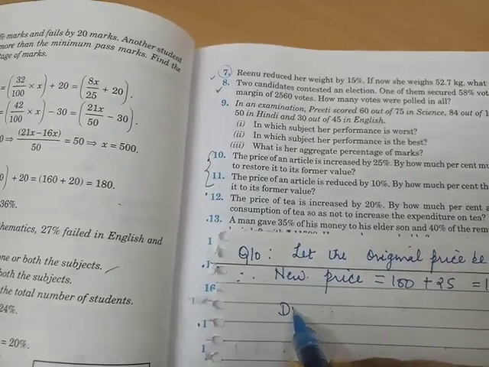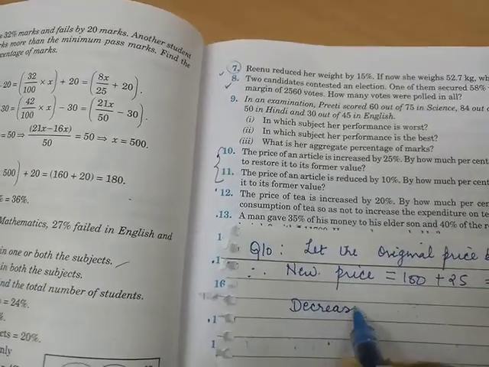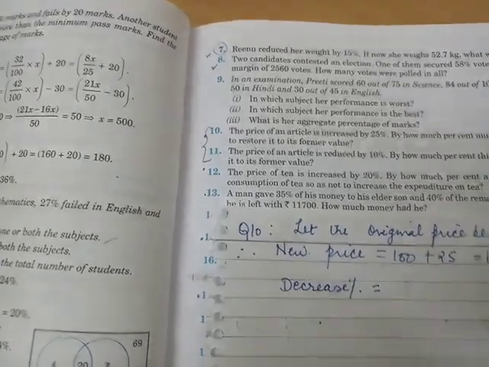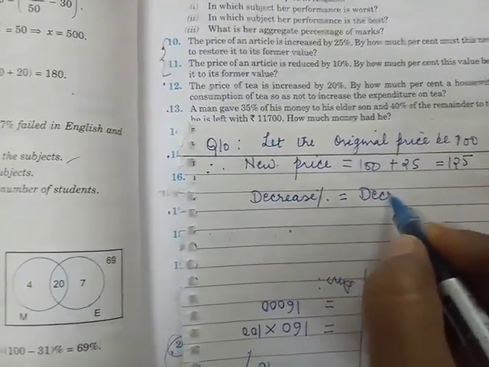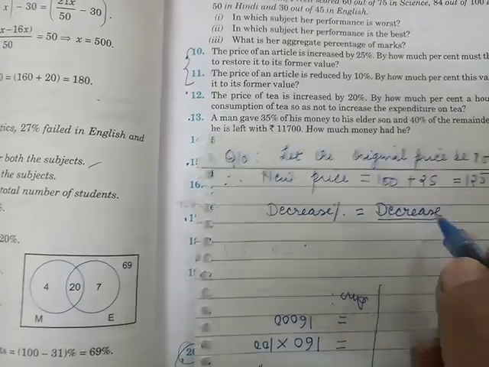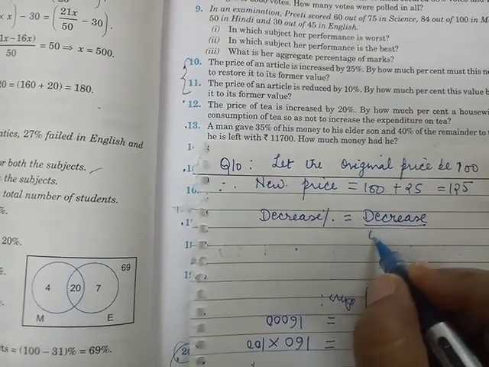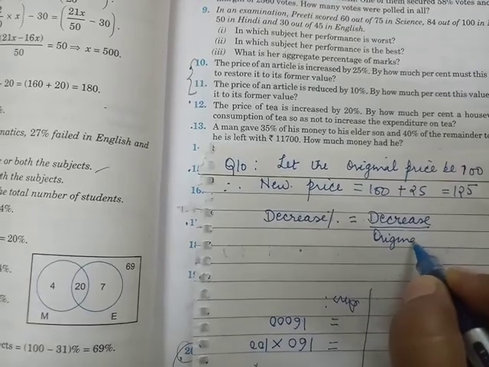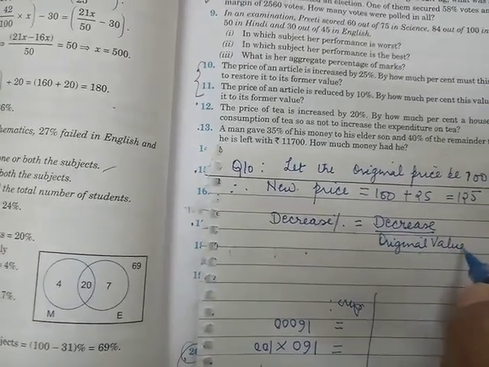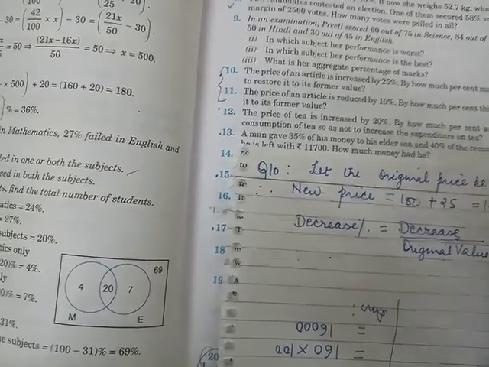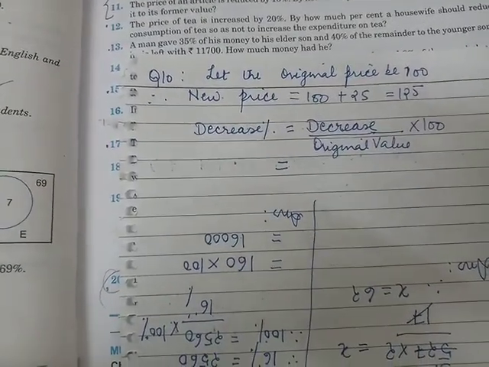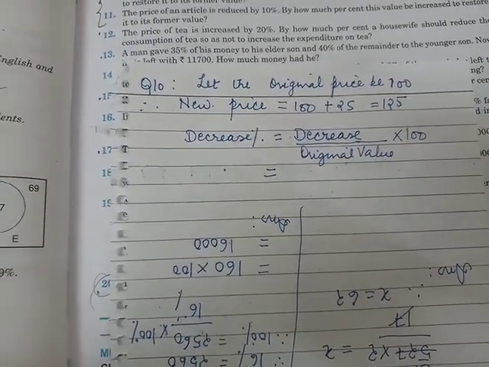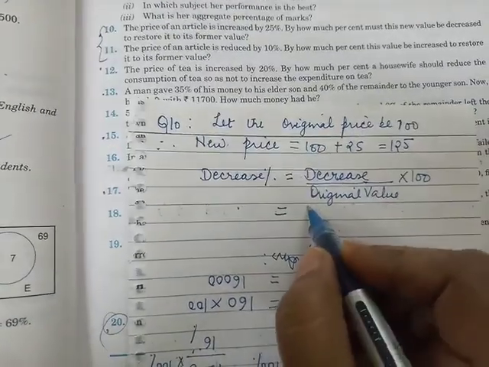So the decrease formula: decrease percent is equal to decrease upon original value into 100. Now how much do we want to decrease? See, the new price is 125. That means now the price of the article has become 125. So we want to decrease it to 100.